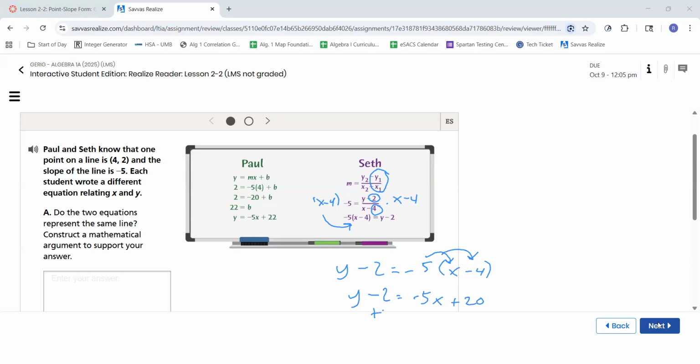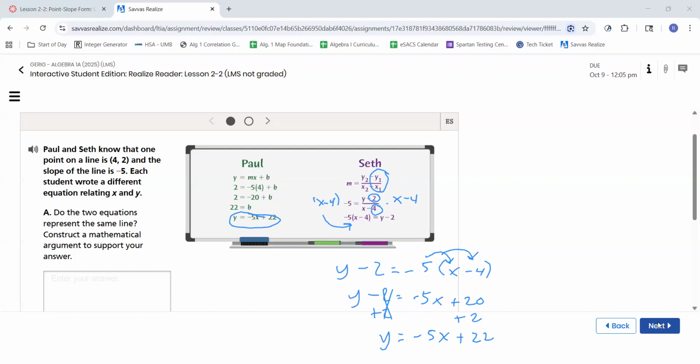And then add 2 to both sides, and look what happens. The 2 adds with the 20, and you get y equals -5x plus 22, which matches what Paul got, showing you that these are actually the same equation. So both of those things would be the exact same line on a graph.